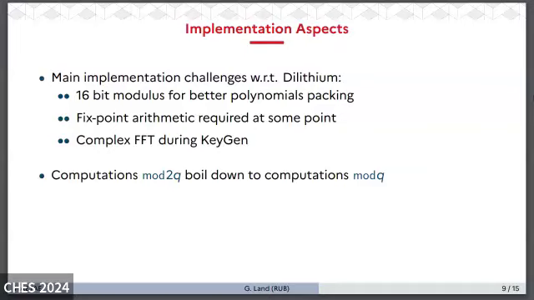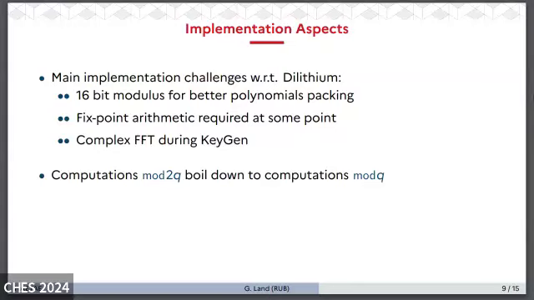In practice, you can do almost all computations over Q. Q is the 16-bit modulus, so you can stay within this 16-bit prime field. Except for some small operations like rounding, where you will have to recover the 2Q representation.